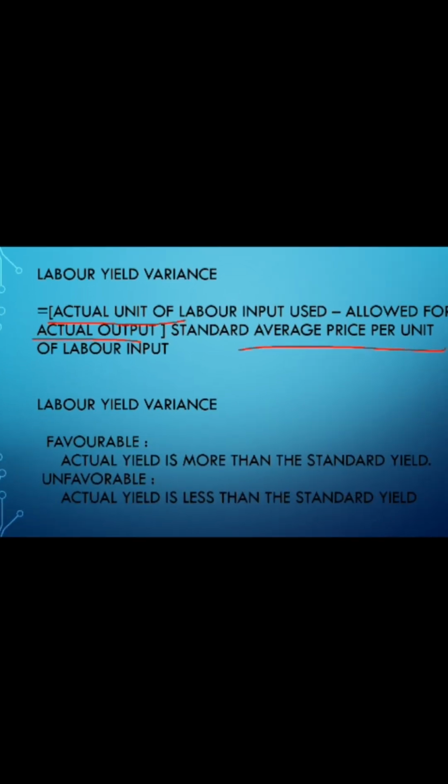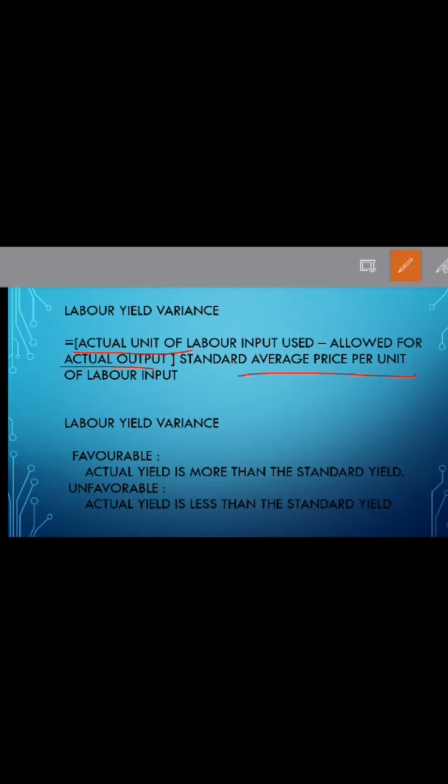Here we can identify whether the labor yield variance is favorable or unfavorable. If the actual yield is more than the standard yield, it is called favorable labor yield variance, and if the actual yield is less than the standard yield, it is unfavorable.